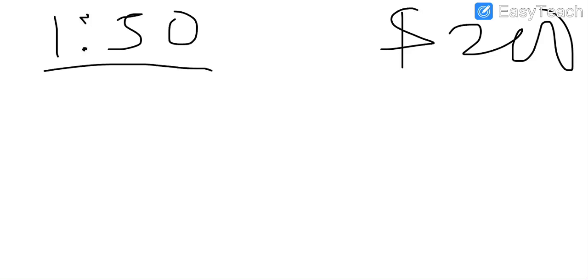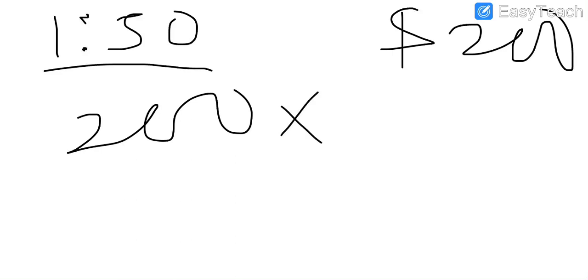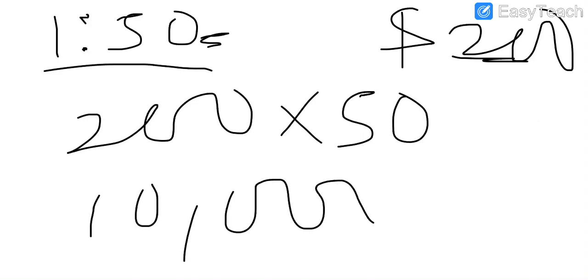So let's say you choose 1:50 leverage, it means you are going to multiply. If 1:50, then $200 times your 50, which will give you 10,000.